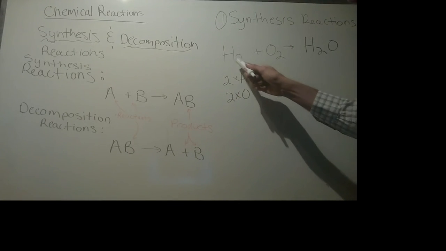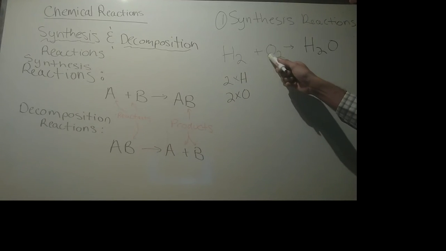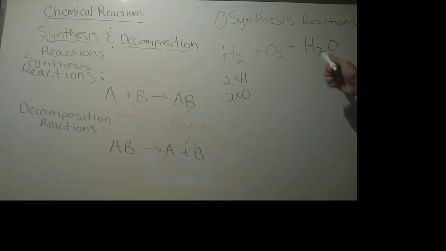The 2 representing the number of hydrogens here and the 2 representing the number of oxygens here, whereas the water has, the 2 represents the number of H's, 2 times H, and the water also has just only 1 oxygen, as there's no subscript.